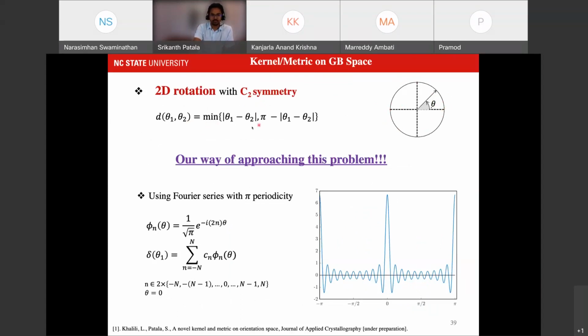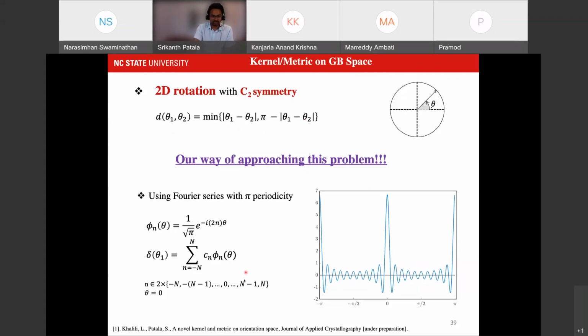If I were to define a distance metric using which one can define a kernel, the distance metric will be the minimum of theta 1 minus theta 2. But because of the twofold symmetry, I have another distance, which is pi minus theta 1 minus theta 2, and I have to take the minimum of these two. This is where symmetry complicates how we compute distance between any two parameters.